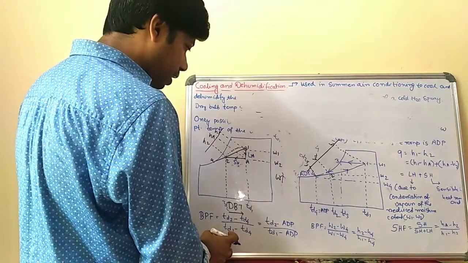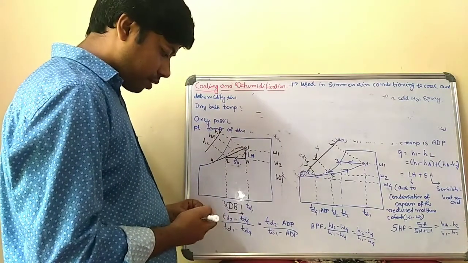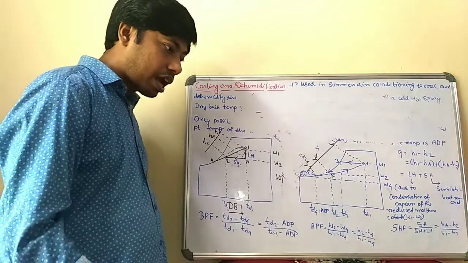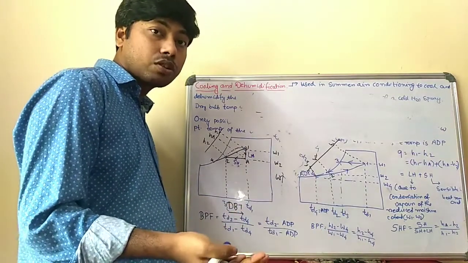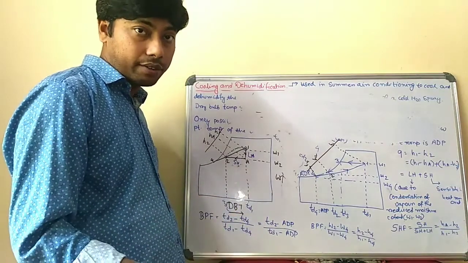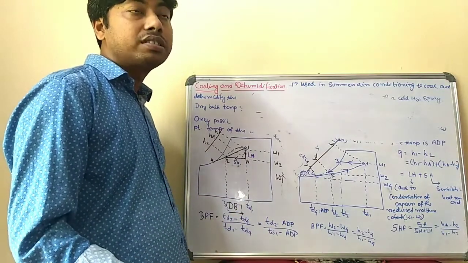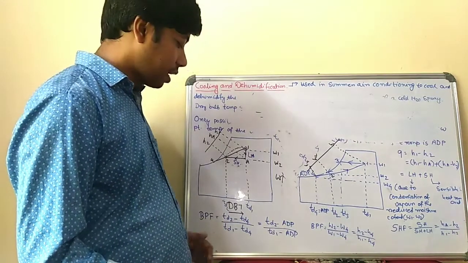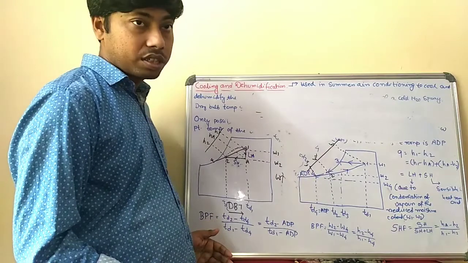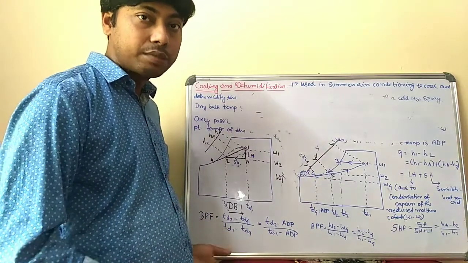That is the bypass factor, because the dehumidification and cooling process would be 100% efficient, but it is not 100% because of the inefficiency of the cooling coil. If it were 100% efficient, the dehumidification process would be done 100%.